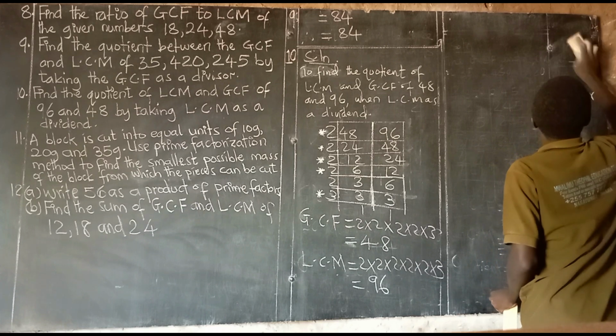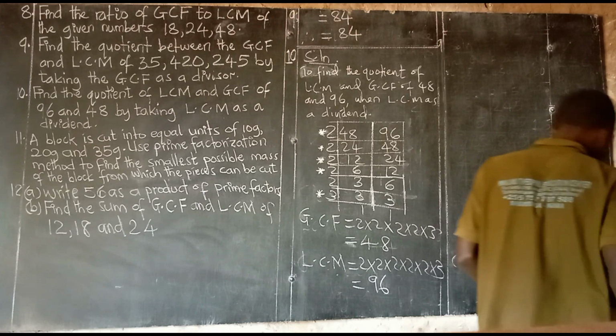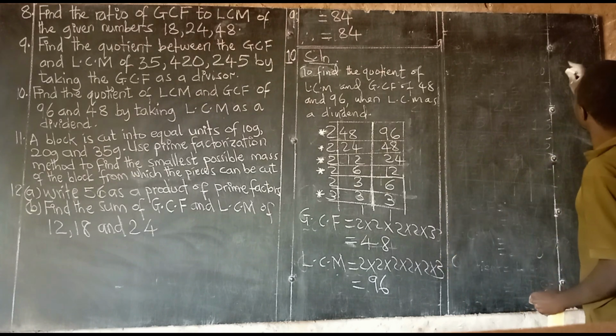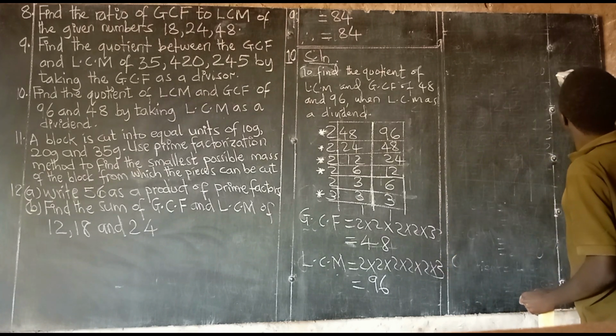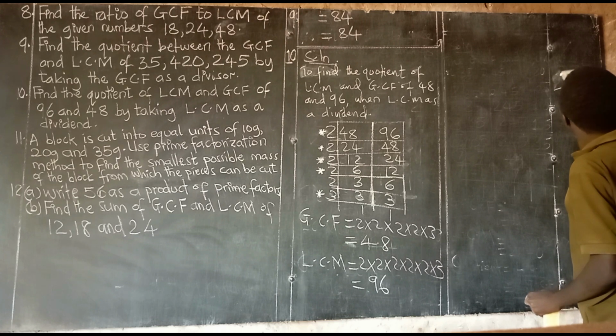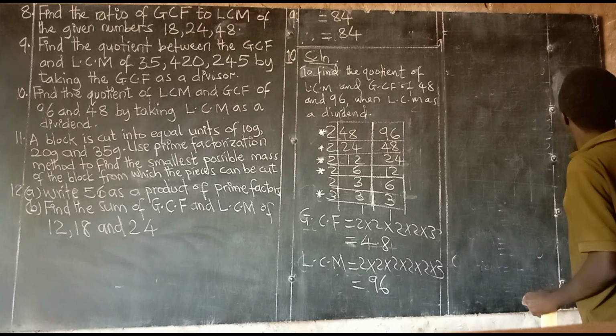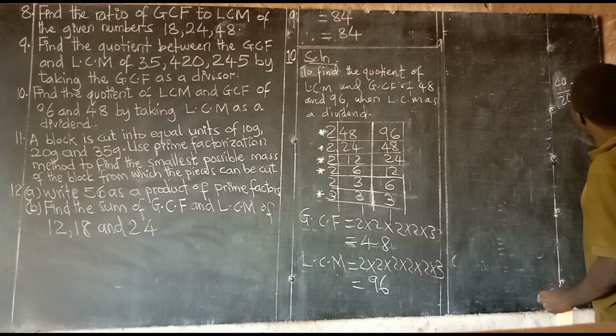Now, if we take the LCM as a dividend, as I have told you, let us take 40 over 20. When you take 40 over 20, the answer here is 2.